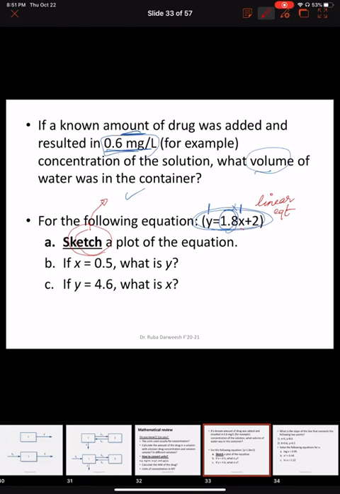If I want to sketch this equation, I will have y versus x, with 1.8 and plus 2. Plus 2 will be my y-intercept.